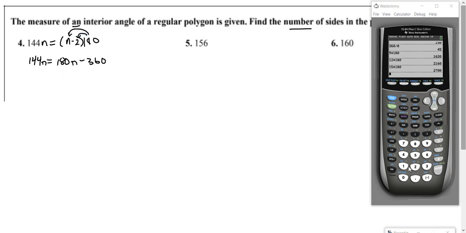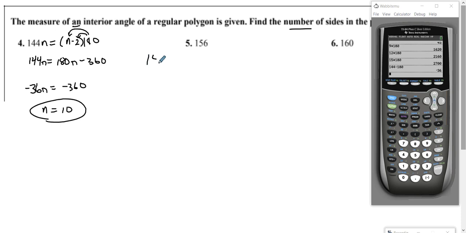Subtract 180n from both sides. 144 minus 180. Negative 36n equals negative 360. Divide by negative 36 and n equals 10.